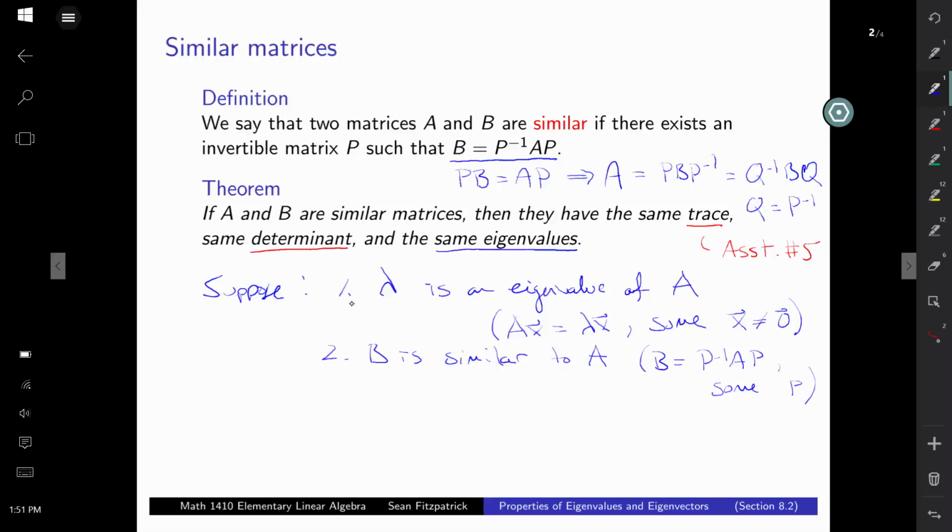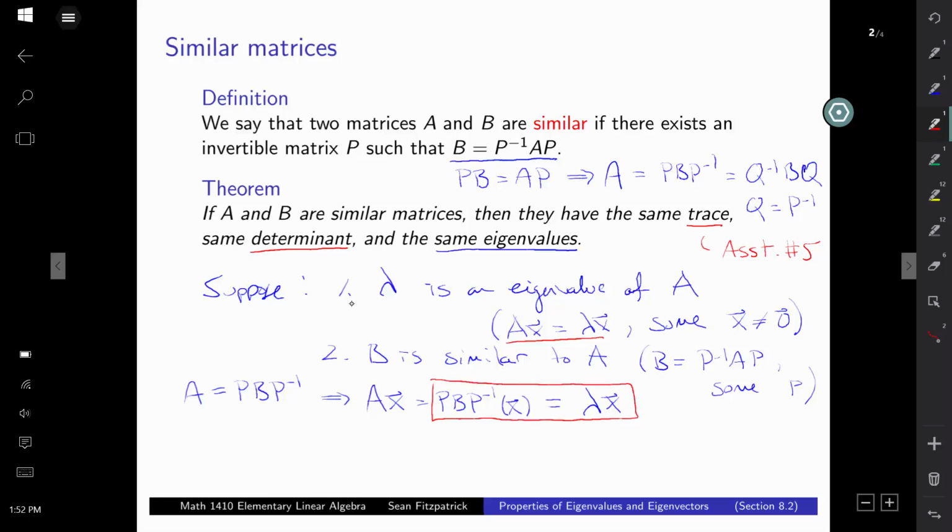Well, if B is P inverse times A times P, as we noted above, I can write A as P B P inverse, and that means that A times X is P B P inverse times X, and on the other hand, that's equal to lambda times X, because we're assuming that A times X equals lambda times X.